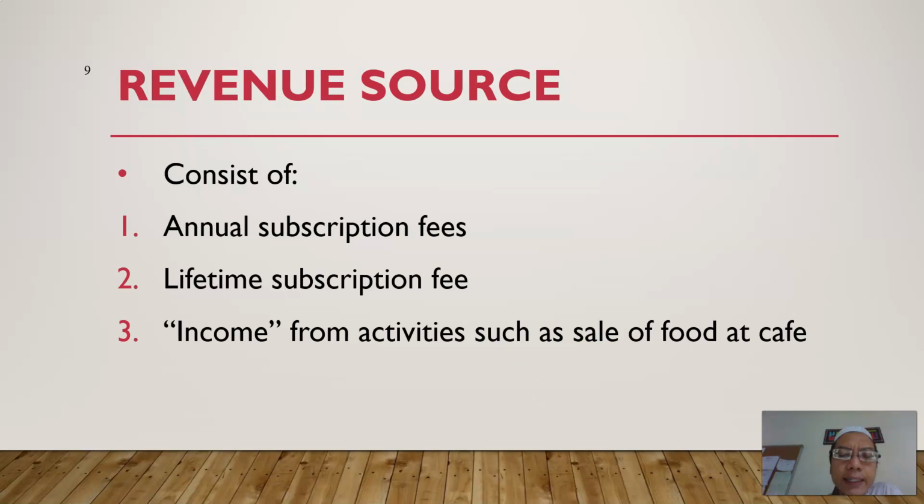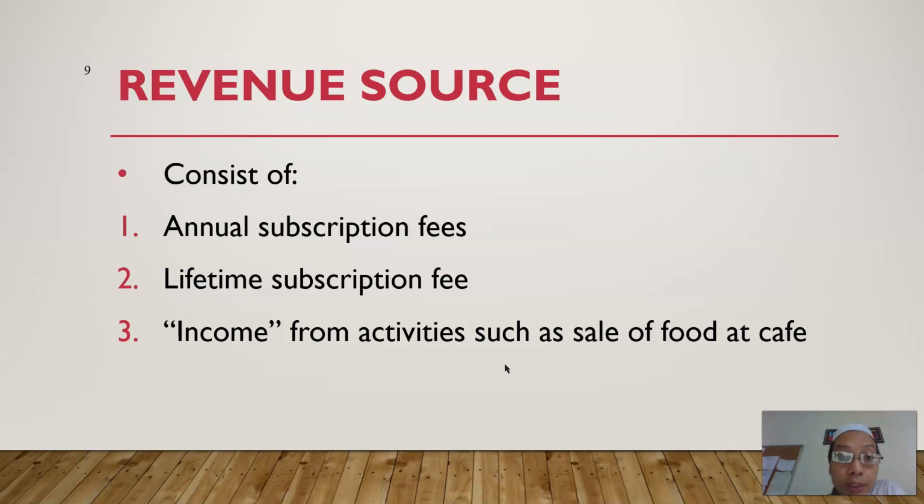We have mentioned that the main source of funding for the non-profit organization comes from the members. Specifically, what would be the main types of revenue sources of non-profit organizations? They could come from annual subscription fees charged on the members.